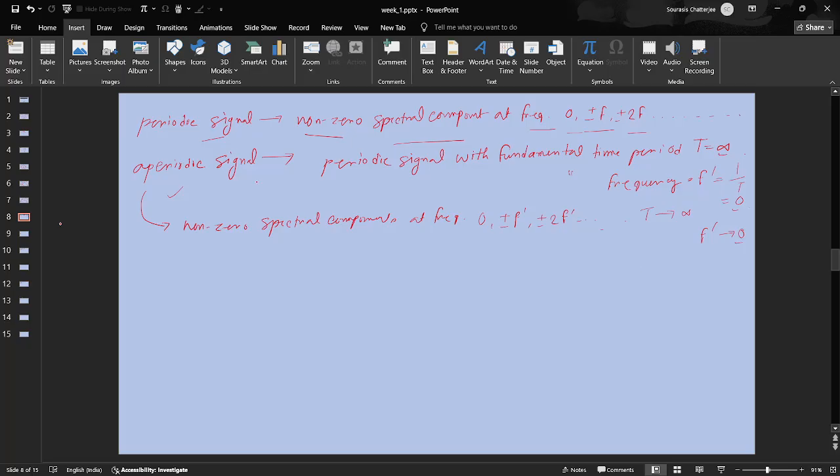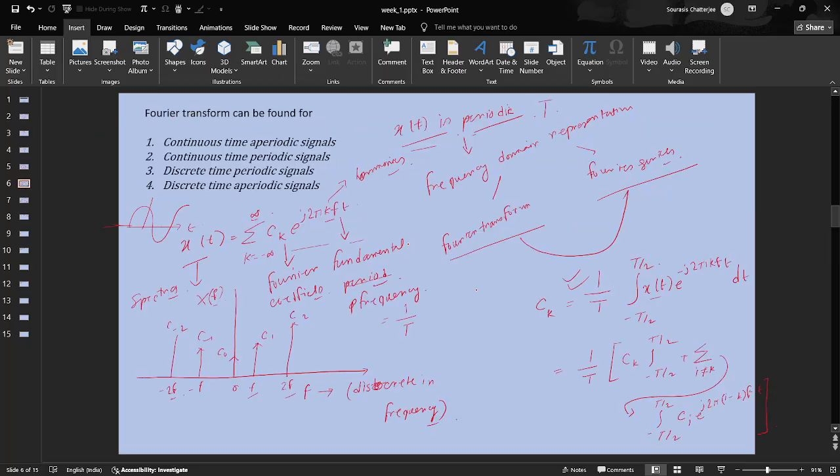Yes. Now for a periodic signal, you had a fundamental time period. That means your T is finite and your f is finite. Both are finite. So that means this gap between f and 2f is also finite, right?